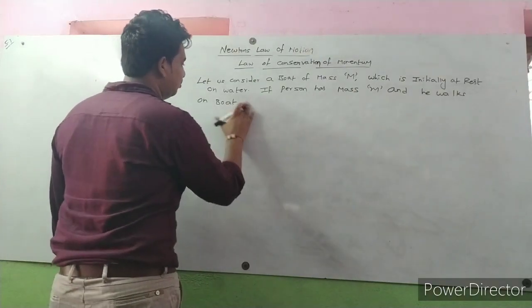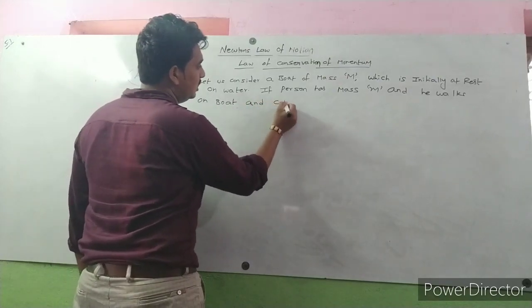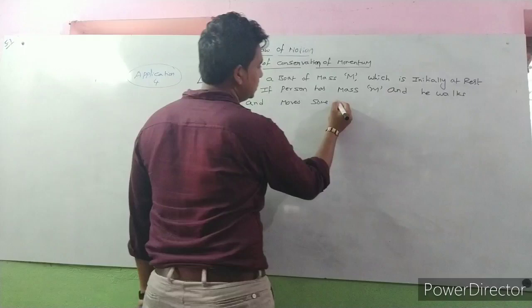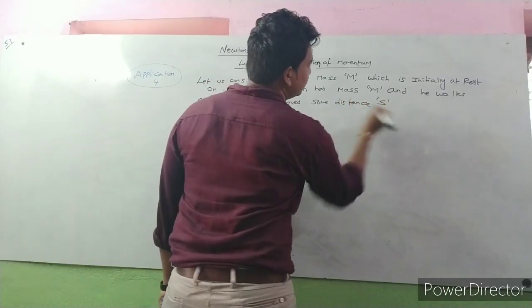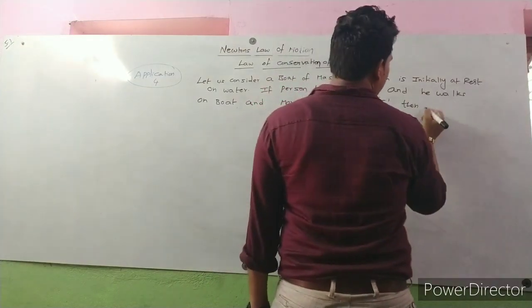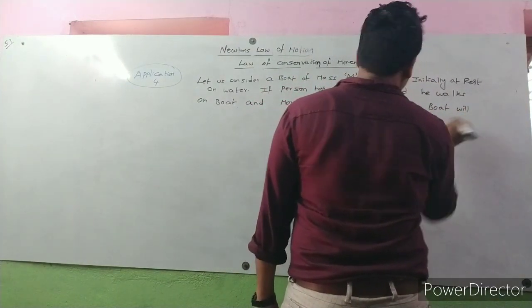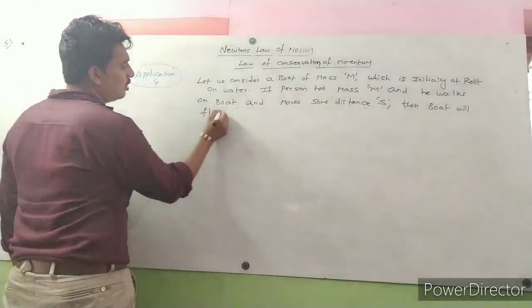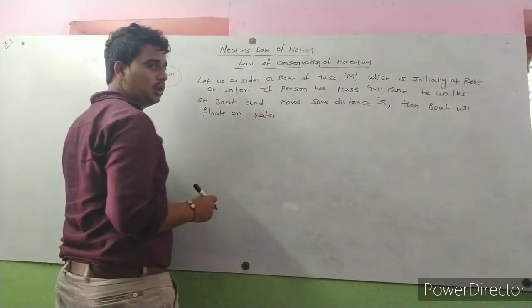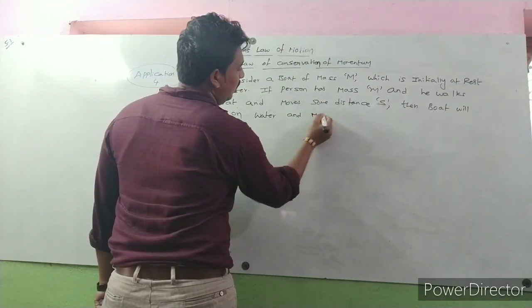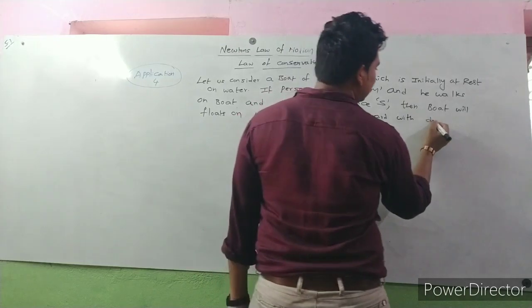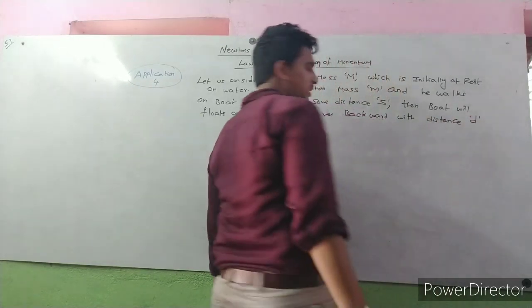he walks on the boat and covers some distance, then the boat floats on water and moves backward with the distance d.